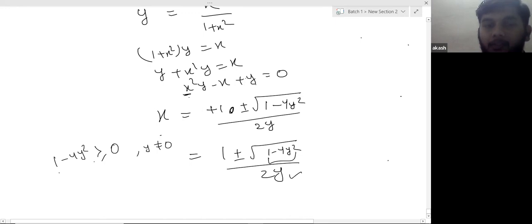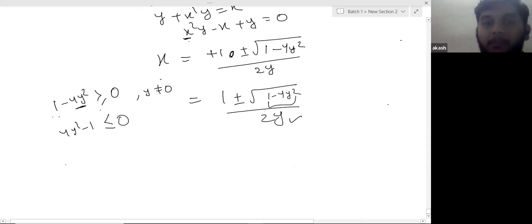So for this to be greater than or equal to 0, let's factorize. First, the coefficient is negative, so multiply by a negative. But Irfan, remember, whenever you multiply by a negative, the sign will change. So this will become 4y square minus 1 less than or equal to 0, because I took a negative sign common and multiplied by minus 1.